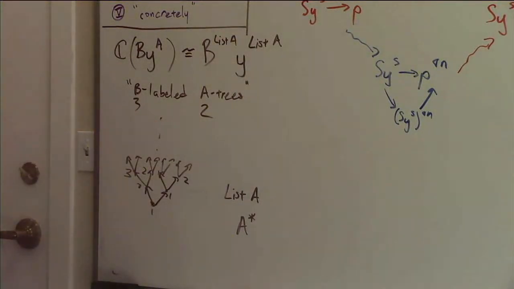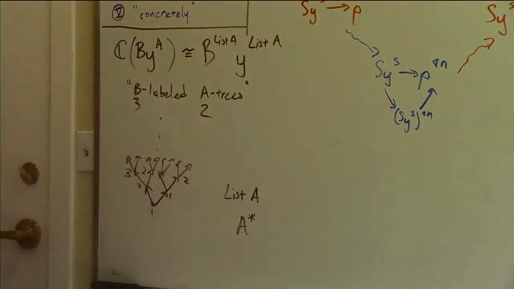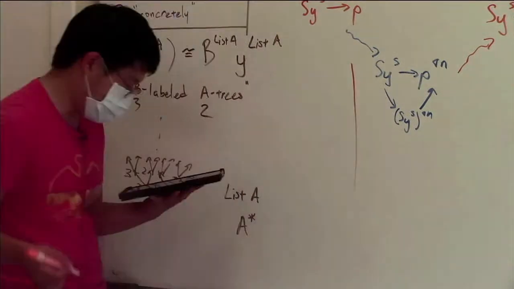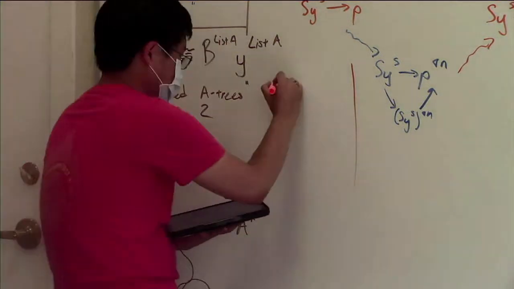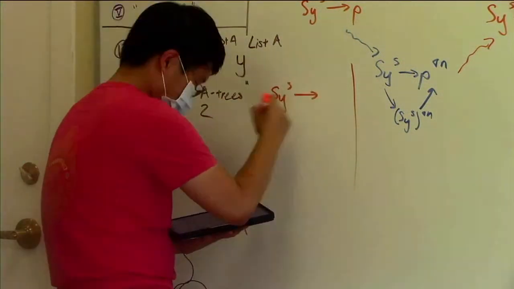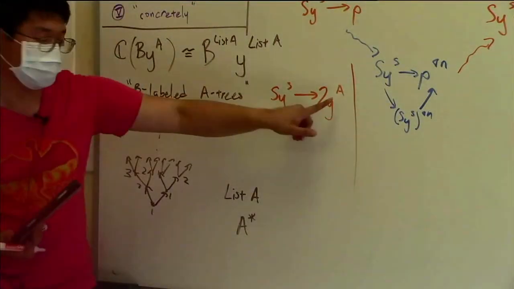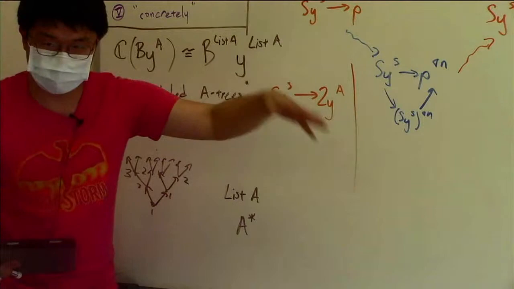One cool example of why this is interesting: when we were talking about examples of dynamical systems, we talked about how you can think of a deterministic automaton, a deterministic state machine, as a morphism from Sy to the S to 2y to the A, where A is maybe the alphabet of our state machine, and these elements of 2 tell us whether we're in an accept state or a reject state.